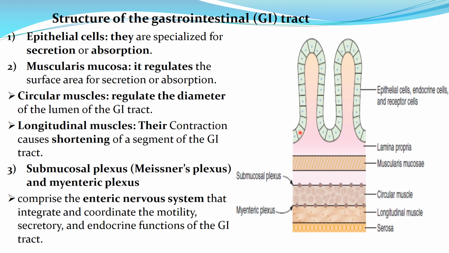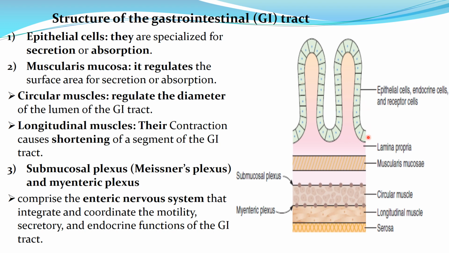So it starts with the epithelial cells. It is a simple epithelial layer. The type of the cells varies based on the part of the digestive system. For instance, it might be simple squamous or stratified or cuboidal or columnar, depending on the organ or the part of the GI.